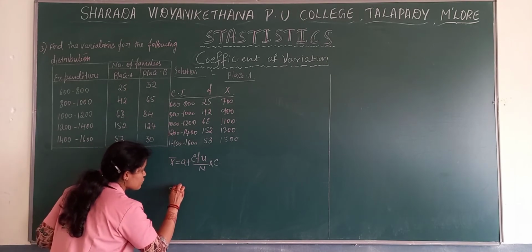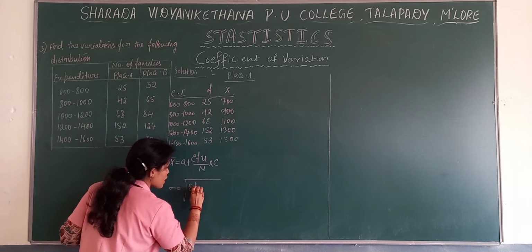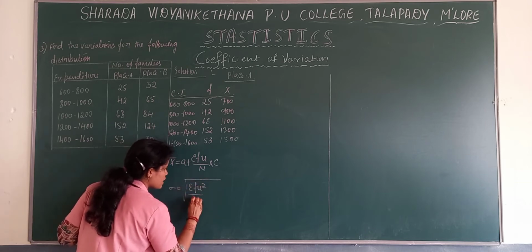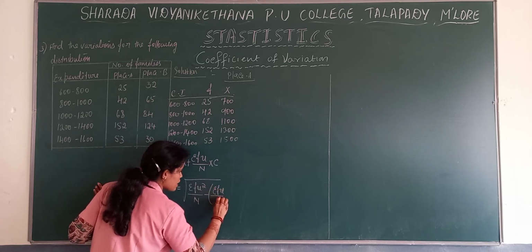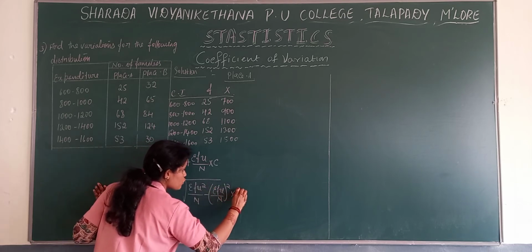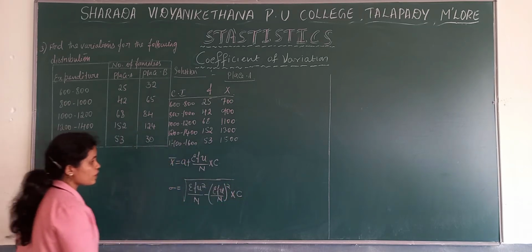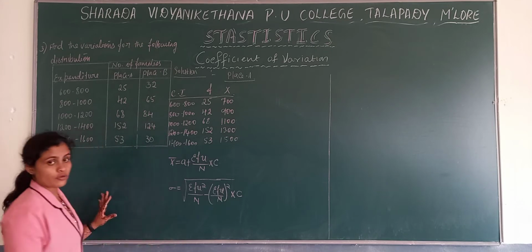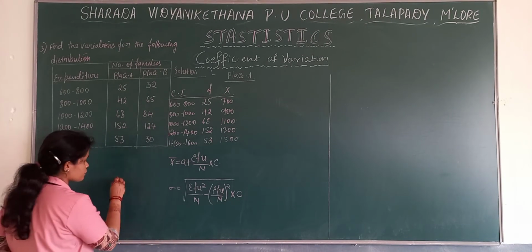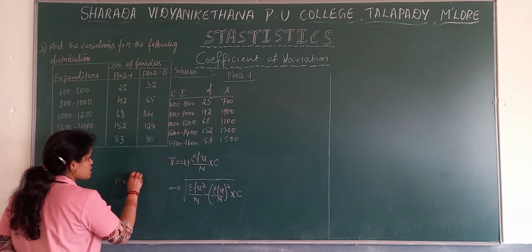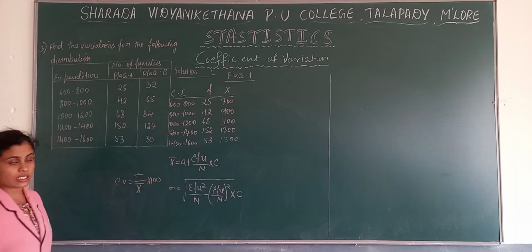And the standard deviation formula goes like square root of sigma fu square by n minus sigma fu by n whole square, into c. This is the standard deviation formula. And however, you know the formula of coefficient of variation, CV is standard deviation by mean into 100. This we will substitute at the last.